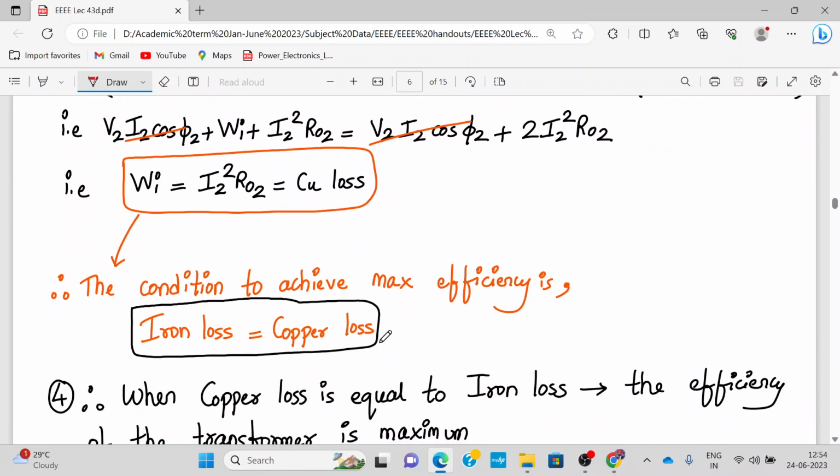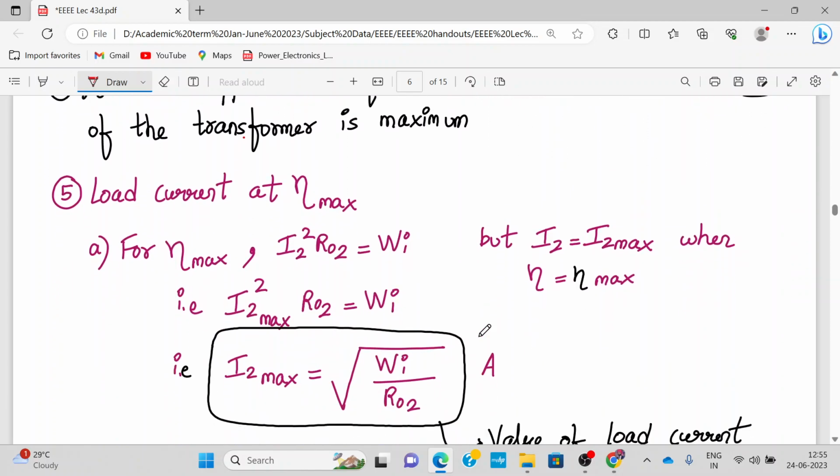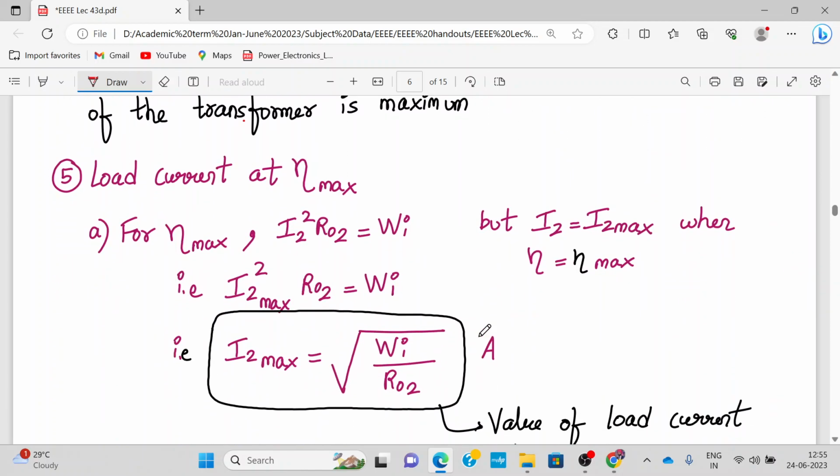Therefore, the condition to achieve maximum efficiency is that the copper loss is equal to the iron loss. That's what we have written here. Now let's calculate the load current at maximum efficiency.